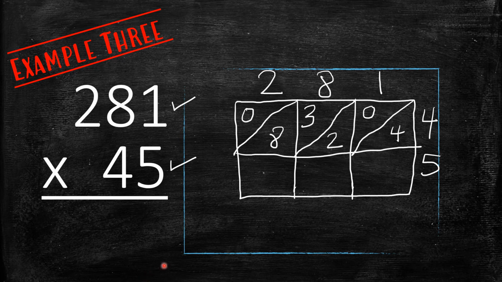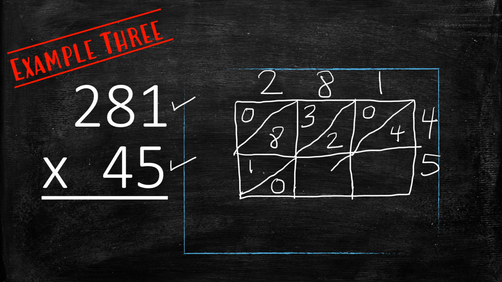Then I can look to see the bottom row, which has some empty boxes, and we're going to multiply for the answer. And the numbers that meet up for this bottom left-hand box, it's 5 and 2. 5 times 2 is 10. And so we're going to go ahead and draw our diagonal line and write 1, 0 for 10. Then we're going to look for our numbers that meet up, which is 8 and 5. 8 times 5 is 40.